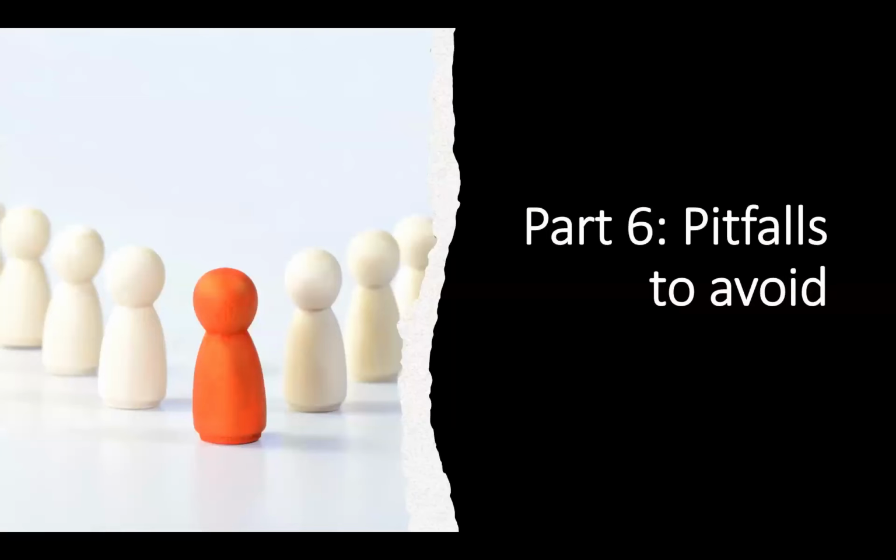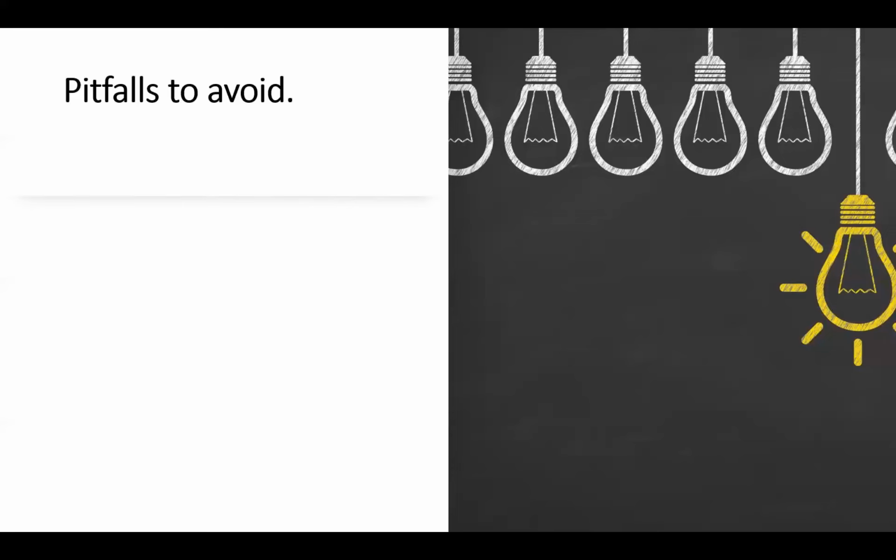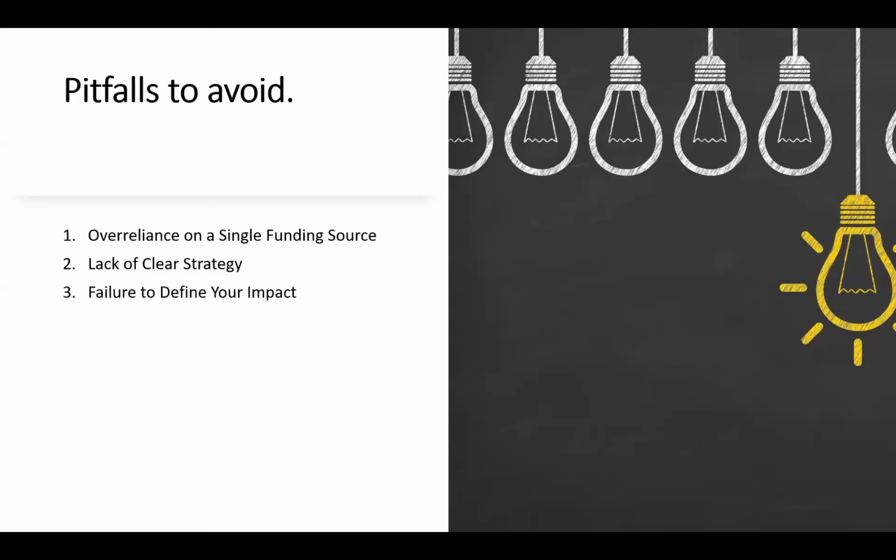I just want to come to almost the last part of the presentation, which is the pitfalls to avoid when it comes to fundraising for your social enterprise, your NGO, your micro enterprise. Again, diversify. Do not over-rely on a single source of funding because that funding can dry up.